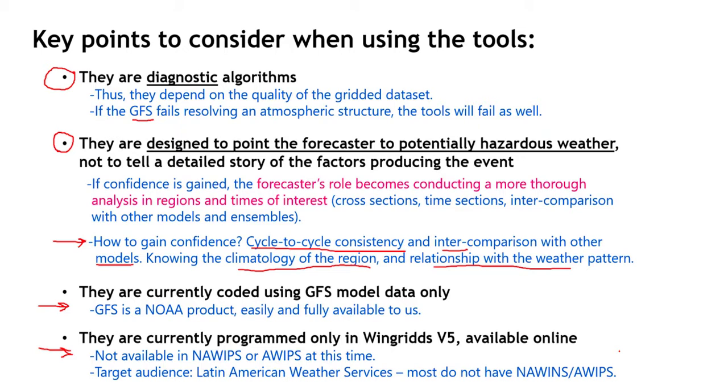So they're not available in AWIPS at this time. I know there's interest in developing some of these tools in AWIPS, but we haven't been able to get there yet. We started with wind grids because our target audience are Latin American weather services, and most of them don't have AWIPS. And wind grids, a lot of people are very comfortable with wind grids.